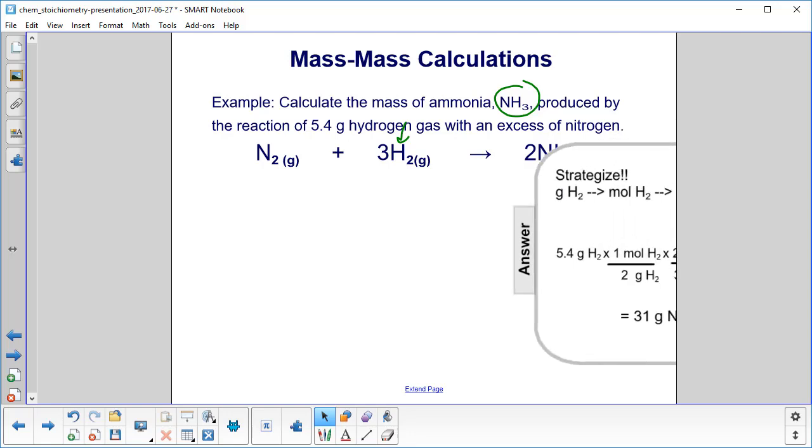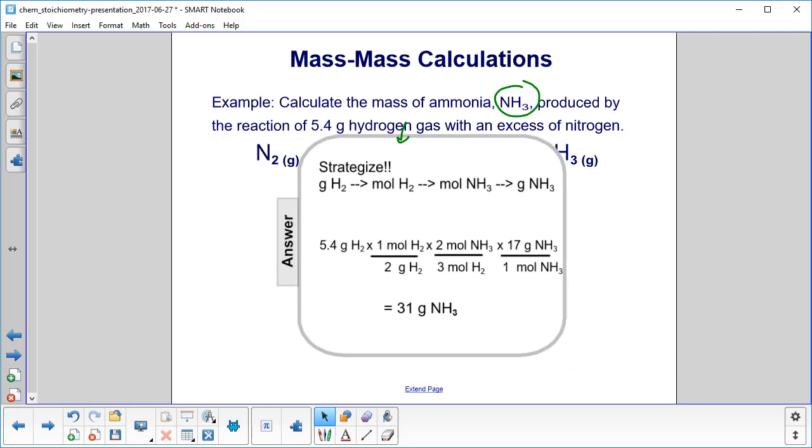Okay, let's see. Hopefully you got it, but now let's go through it. Strategize. We're going to start with how many grams of hydrogen we're given, convert that to moles of hydrogen using the molar mass, convert that to moles of ammonia using the coefficients in the balanced chemical equation, and then convert that to how many grams of ammonia, once again using the molar mass.